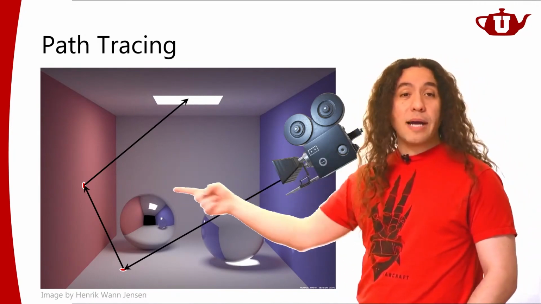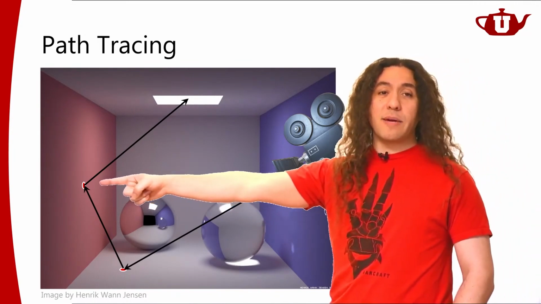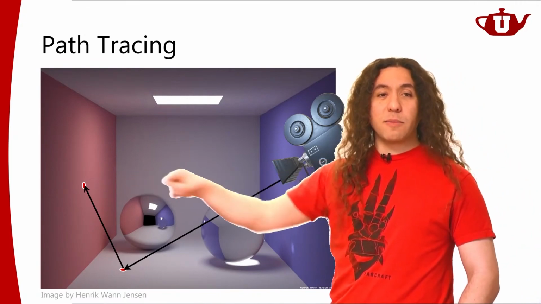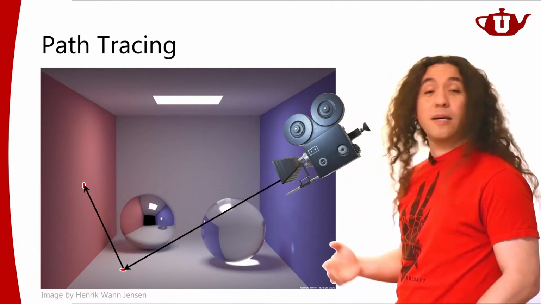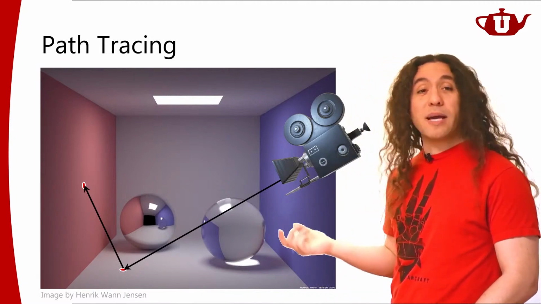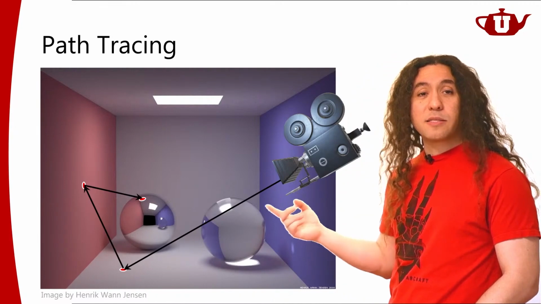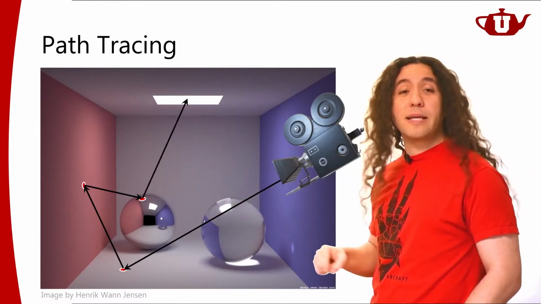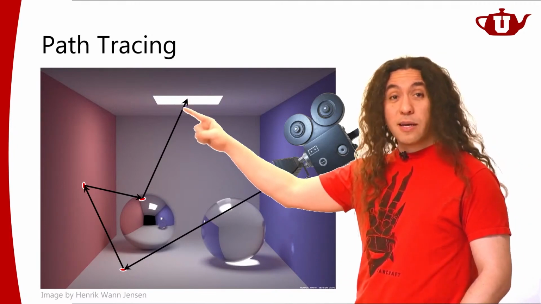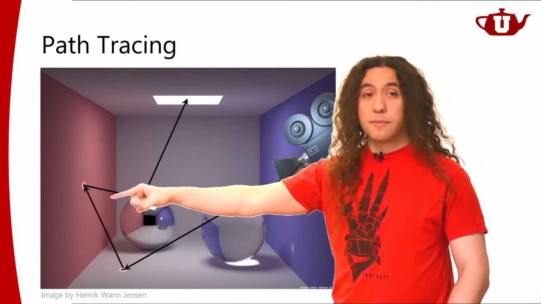Of course, this was just one additional bounce. I could have more, right? Over here, I looked at direct illumination at this point. Instead, I can compute the indirect illumination at this point. For that, I'm going to do the same thing. I'm going to randomly pick a direction. Let's say I pick this direction. I found another surface, and I'm looking at direct illumination at that surface. So this found another path, right?